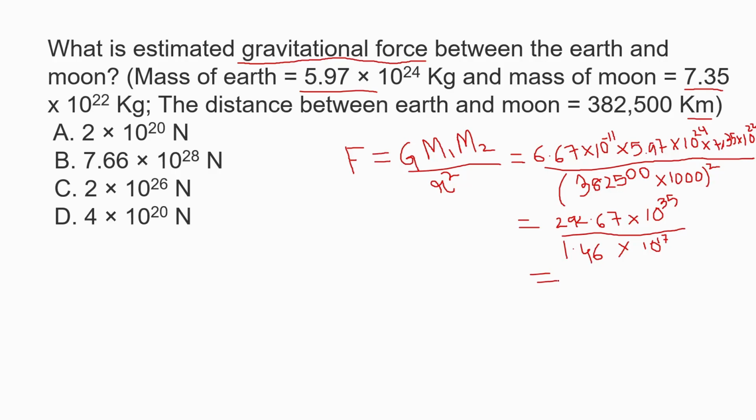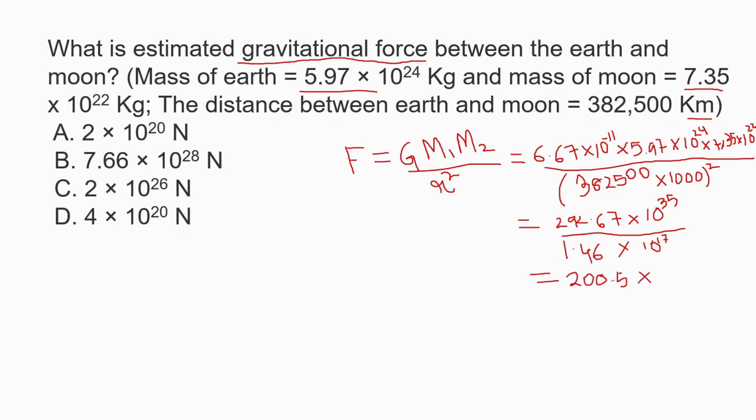Okay, so basically 292.67 divided by 1.46 will give us 200.45, so let's keep it 200.5.